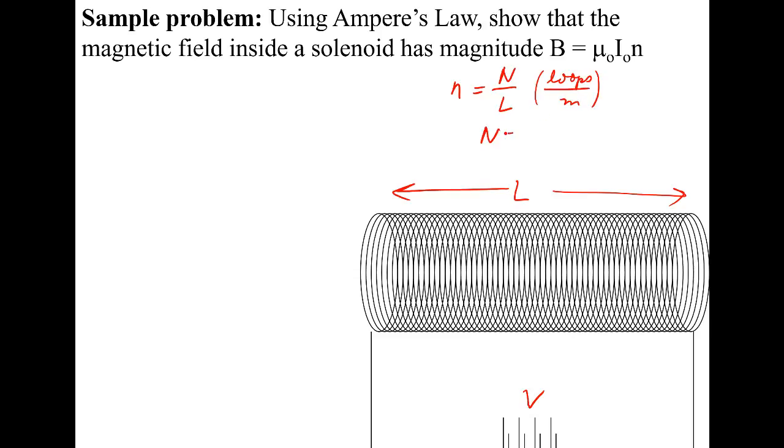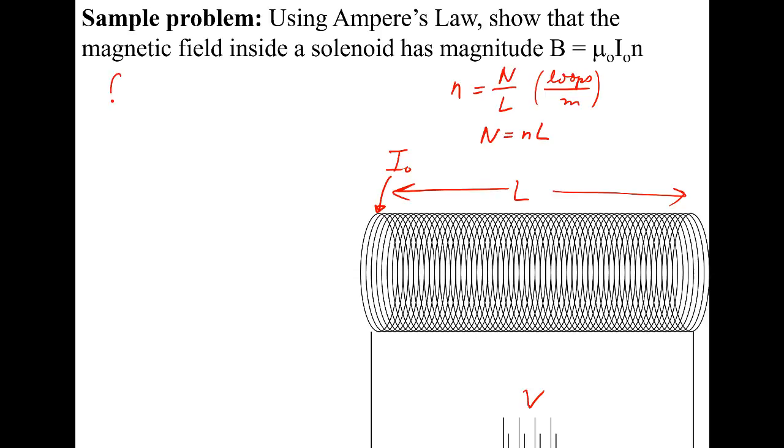That means that the total number of loops will be n times L, loops per meter times meters. Now this is going to help us calculate how much current we have, because each wire is going to have I naught going through it. Think about a series circuit. Every part of the circuit has the same current.